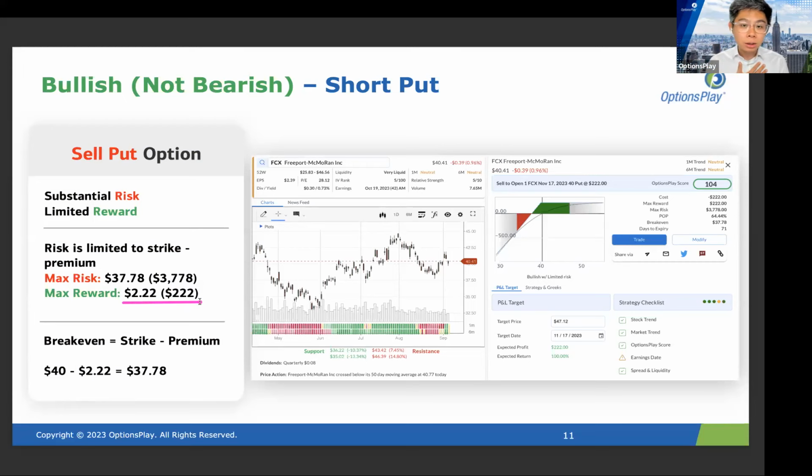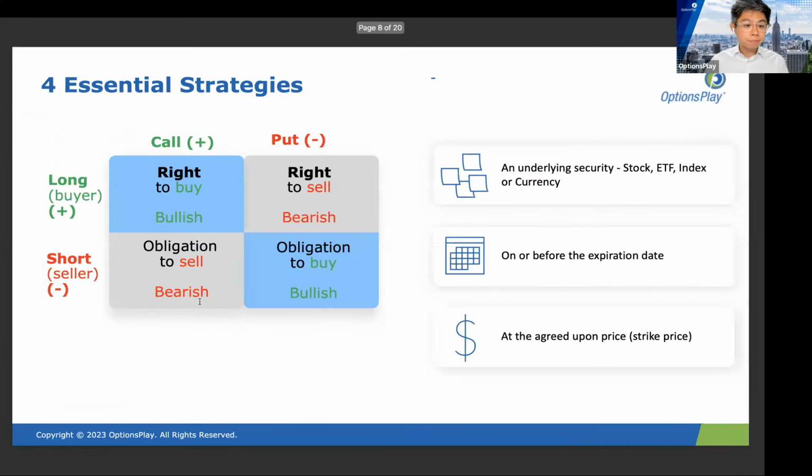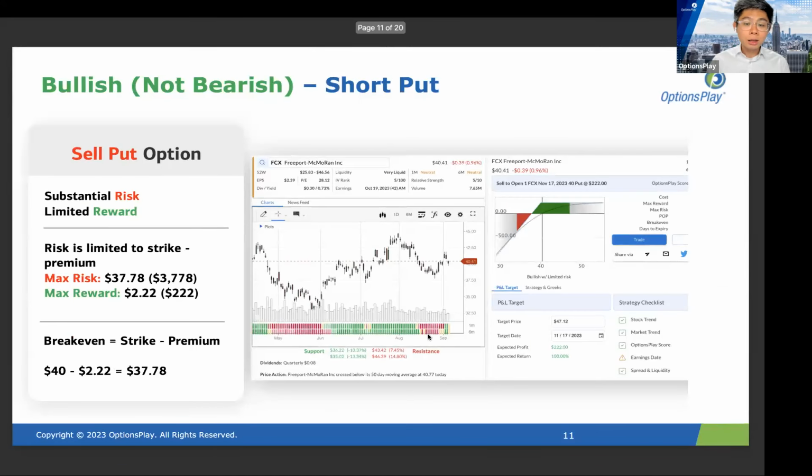Because as an option seller, I have the obligation, and remember, for a short put, I have the obligation to buy the stock at the strike price on or before the expiration date. So when I sell a put, I'm basically taking on the obligation to buy the stock at $40. And for that, I'm going to receive $2.22 per share.